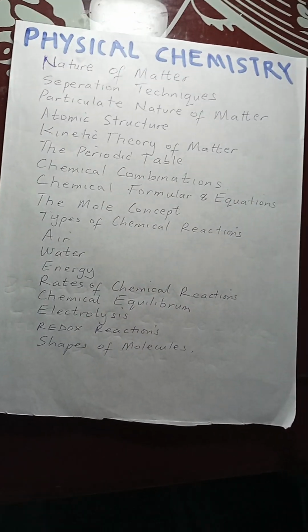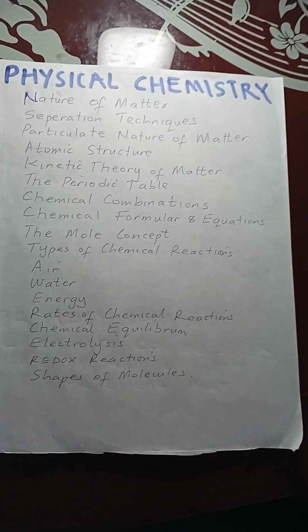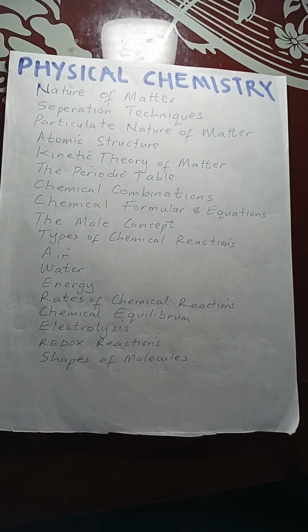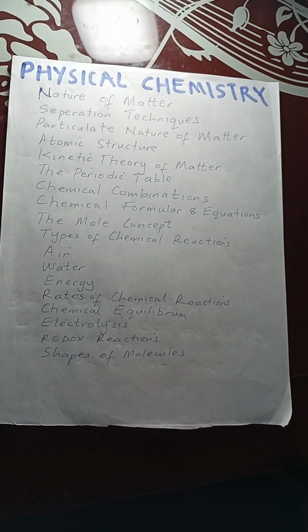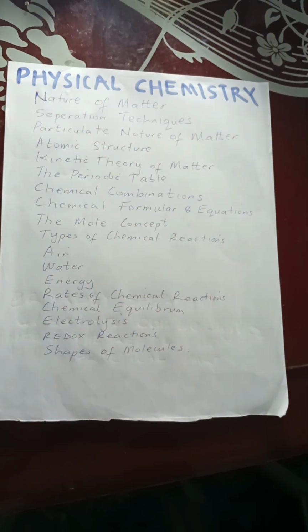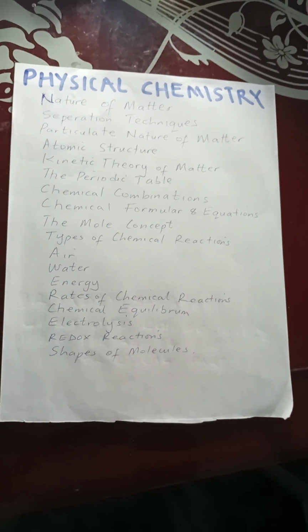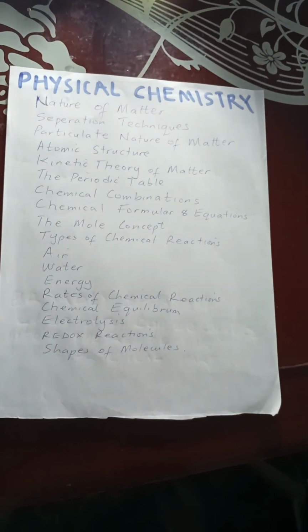So let's talk about physical chemistry. Physical chemistry has topics like nature of matter, separation technique, particulate nature of matter, atomic structure, kinetic theory of matter, the periodic table, chemical combination, chemical formula and equations, the mole concept, types of chemical reactions, air, water, energy, rates of chemical reactions, chemical equilibrium, electrolysis, redox reactions, shapes of molecules.